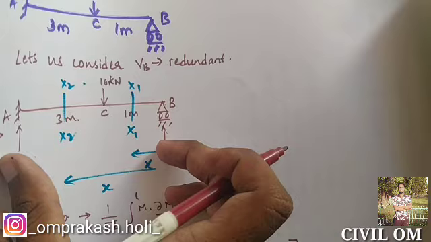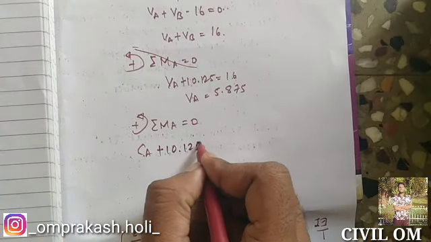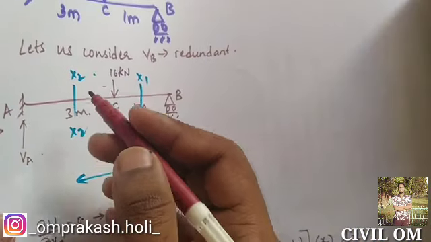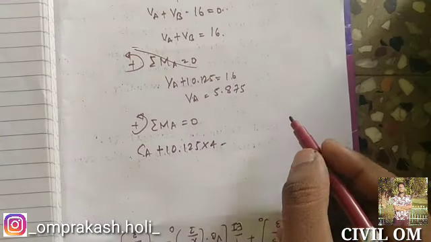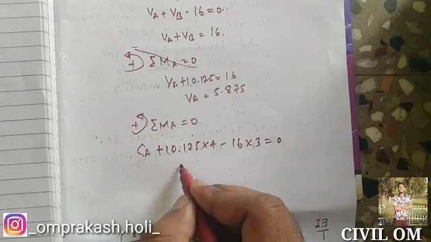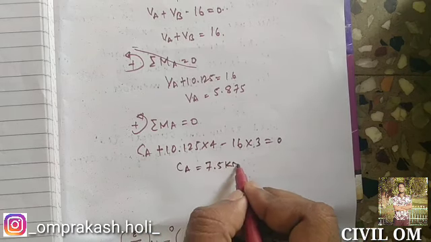So VB into this entire distance is 4. VB is 10.125 into 4 minus, so this is 16 acting at the distance of 3. 16 into 3 in the clockwise direction, so negative. CA is equal to 7.5 kilonewton.